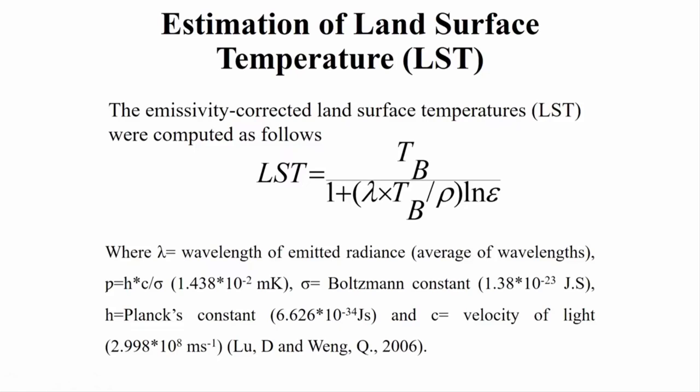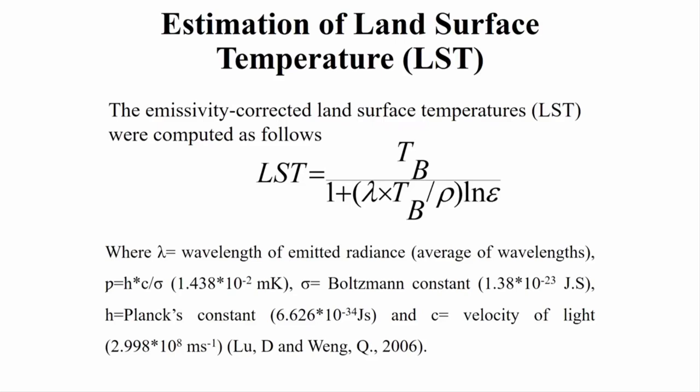So that will be equal to TB divided by 1 plus (λ multiplied by TB divided by ρ) multiplied by the natural log of emissivity. Here λ is the wavelength of the particular band. The main challenge here is to get the emissivity of the surface.